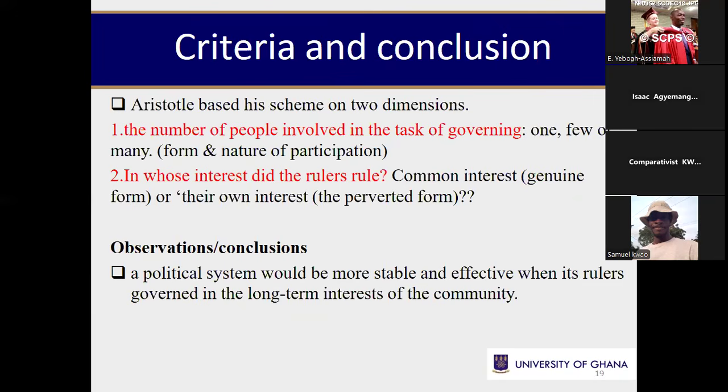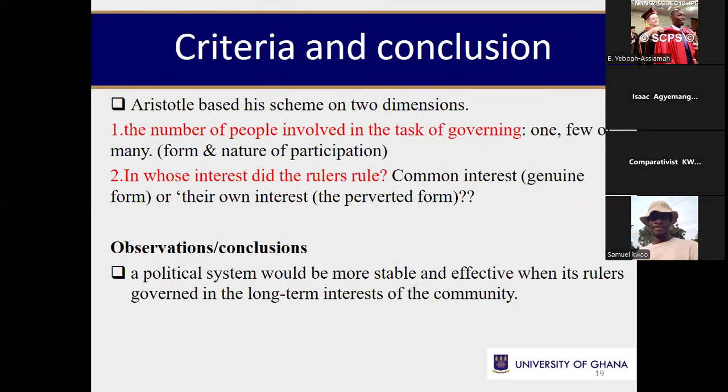Now, this is the criteria he used. I'm throwing more light on it because I may ask you somewhere. Aristotle based his scheme or his comparison on 2 dimensions. The number of people involved in the task of governing, whether only one person was ruling, or few people were ruling, or many people were ruling. So we call it the form and nature of participation.